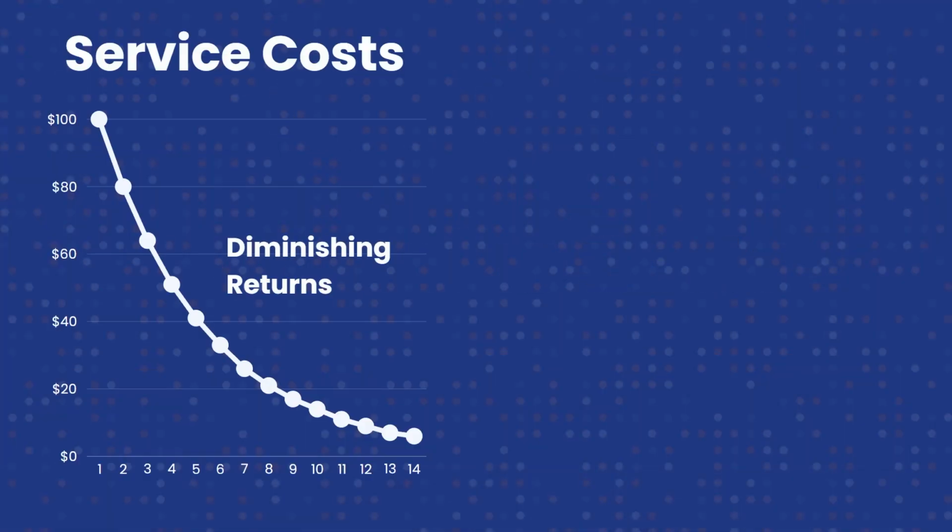Service costs have diminishing returns. So diminishing returns means that over time, you're not going to see the same results as you do initially. So these are good for short-term wins and getting that initial cost down. We always highlight these because, once again, the customer lifetime value is that long-term factor.